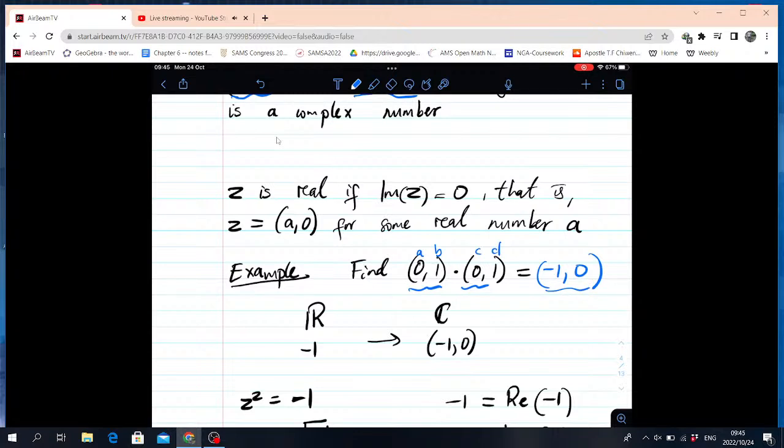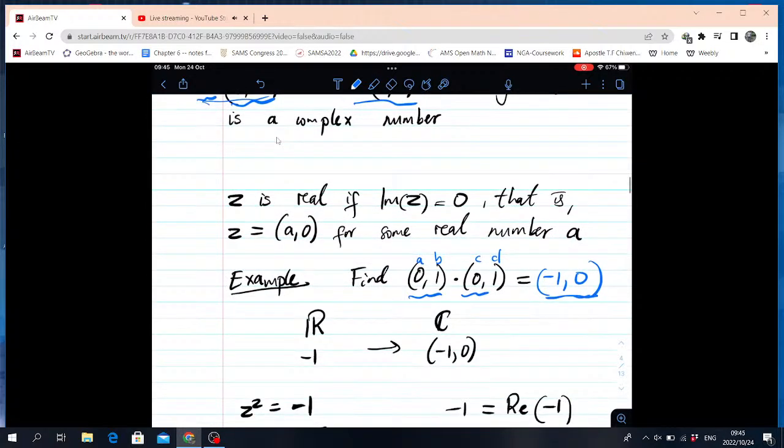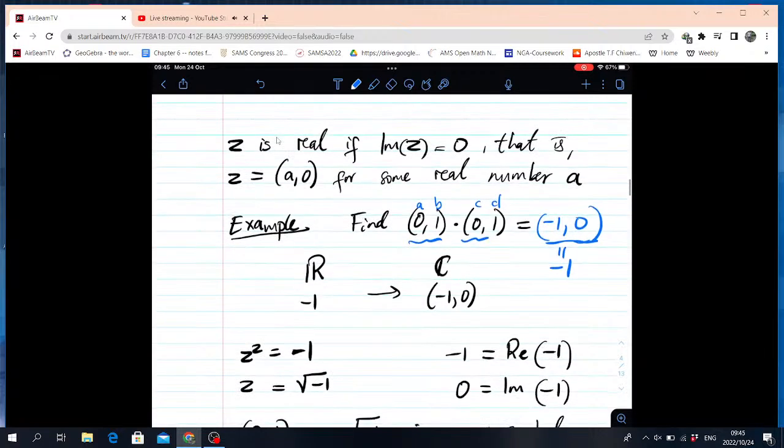And you can see that this is actually a real number from what we have said here: if you've got (-1, 0), and the imaginary part is 0, then this is just equal to -1, right? And once that happens, we can think of our -1 written as a complex ordered pair like this.